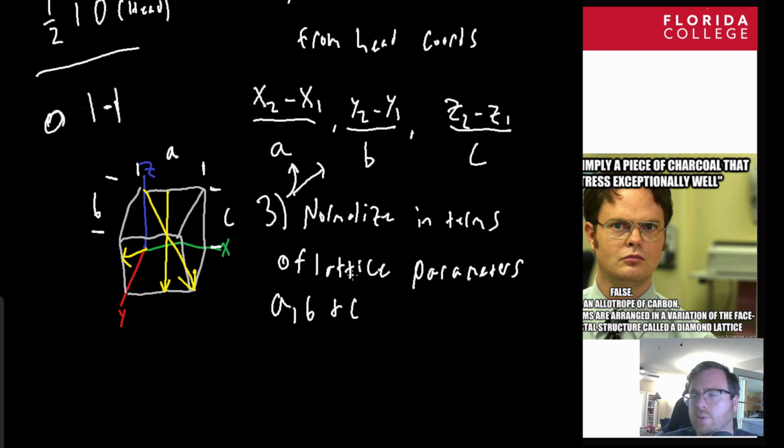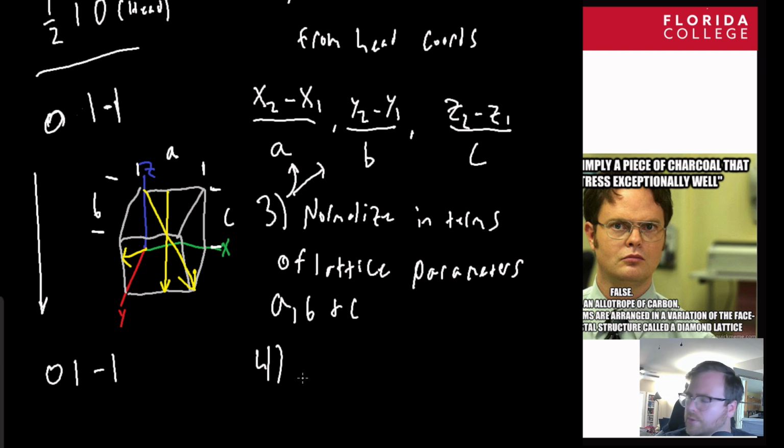So step 3 is we have to normalize these values in terms of our lattice parameters A, B, and C, right? Well, what does that mean for our guy over here? Well, for my example case, this is a cube. So A, B, and C are equal to 1. So we divide 0, 1, and negative 1 by 1, and we just get the same thing out. So through step 3, we still have 0, 1, and negative 1. All right. Step 4.